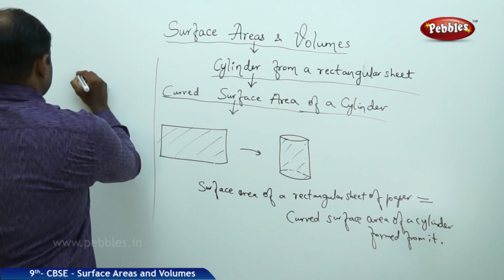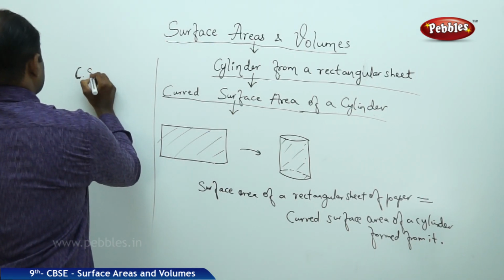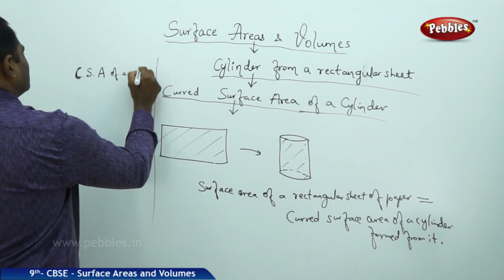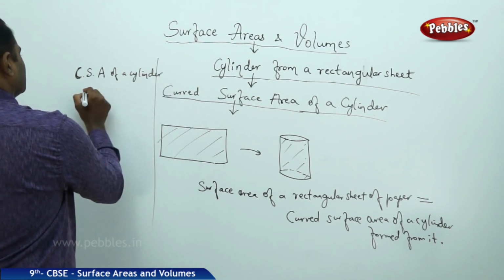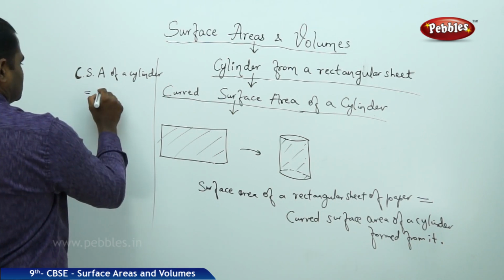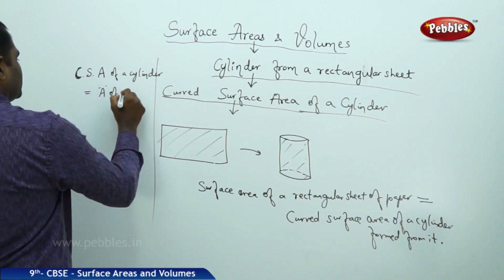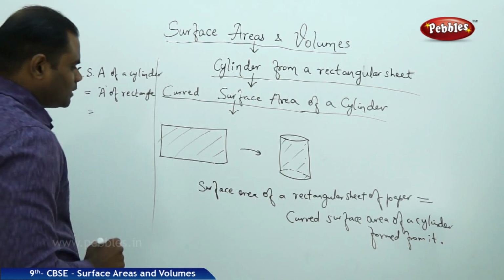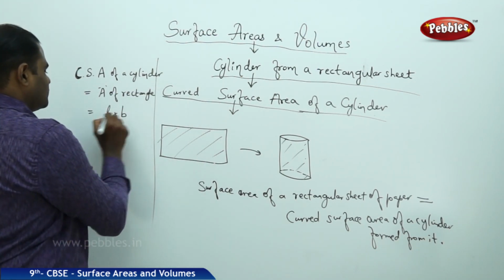So here, the curved surface area, which I denote by CSA, of a cylinder is nothing but the area of a rectangle, that is, length into breadth.